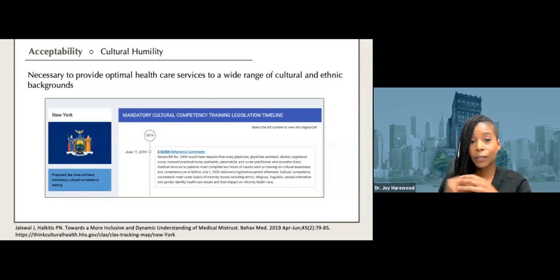And when patients don't feel like you understand them, they may not want to listen to you. So having that cultural awareness to talk to people is important. Just as important sometimes as knowing how to properly examine a patient, knowing how to talk to them and disseminate information is critically important to their care.